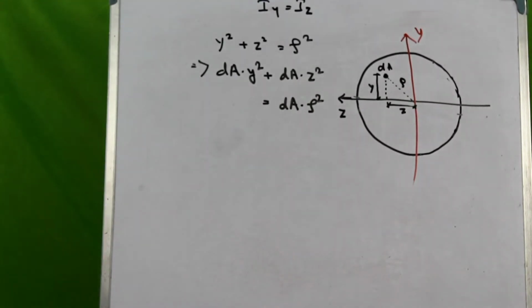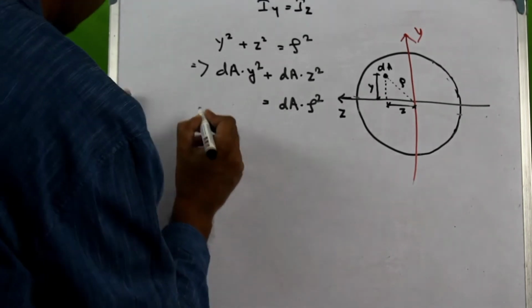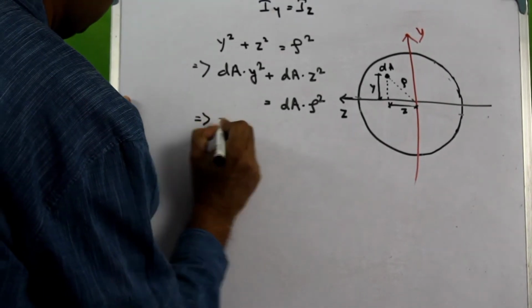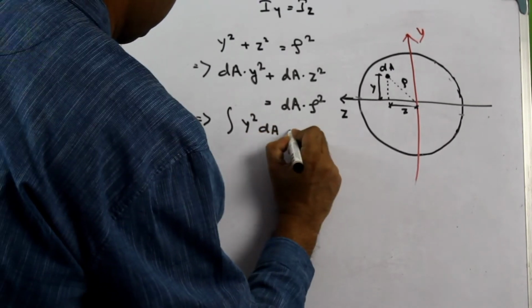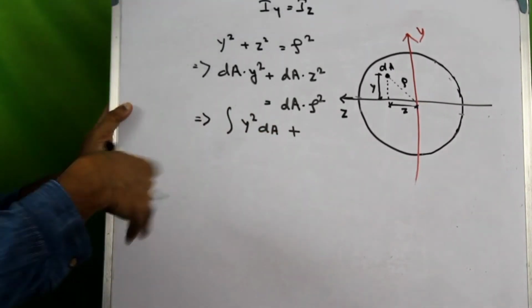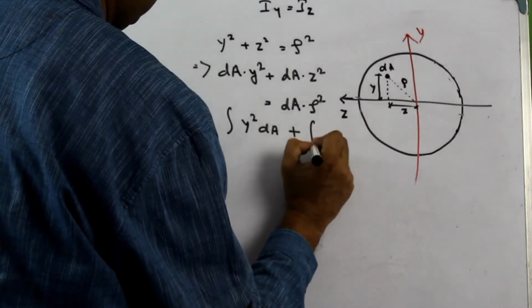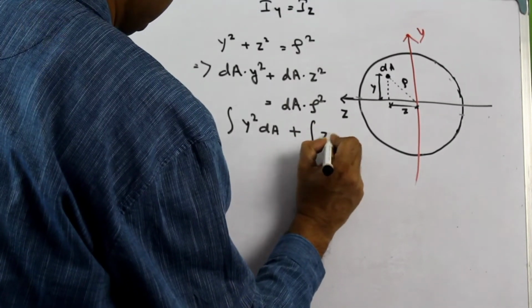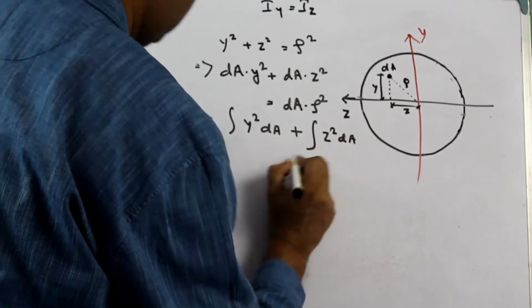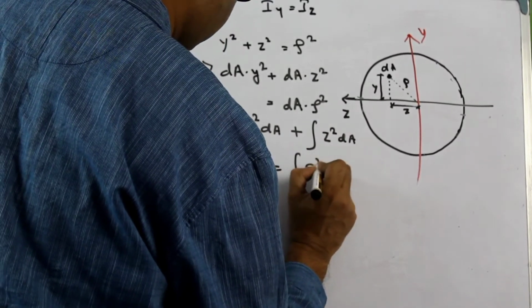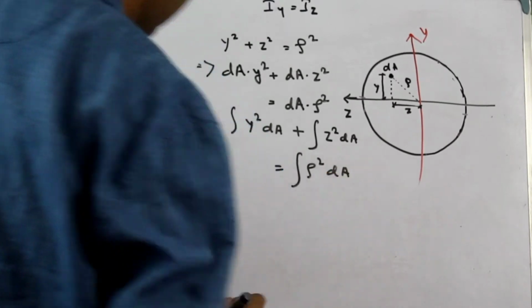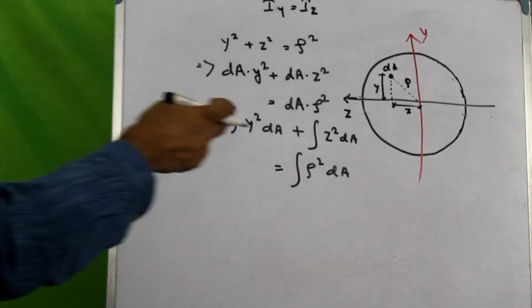Now, let us integrate the equation on both sides. So we will have the integration of y square dA plus the integration of z square dA equal to the integration of rho square dA. Now, what is y square dA?